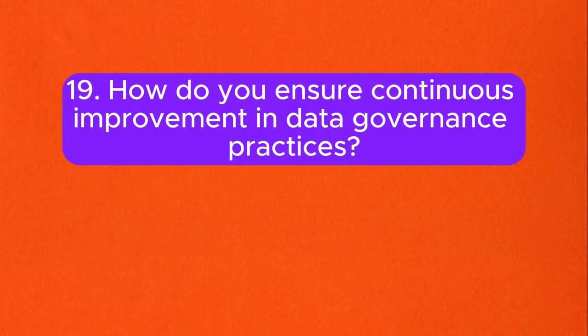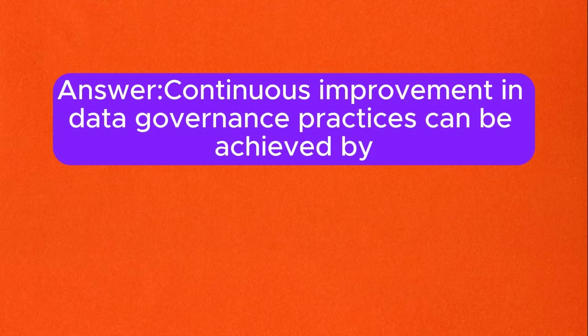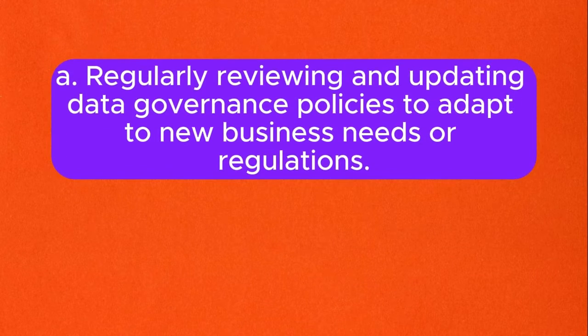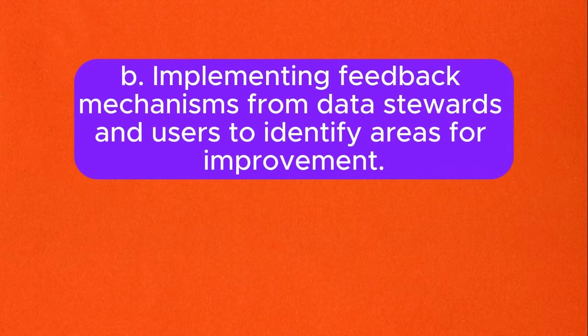19. How do you ensure continuous improvement in data governance practices? Answer: Continuous improvement in data governance practices can be achieved by: A. Regularly reviewing and updating data governance policies to adapt to new business needs or regulations. B. Implementing feedback mechanisms from data stewards and users to identify areas for improvement.